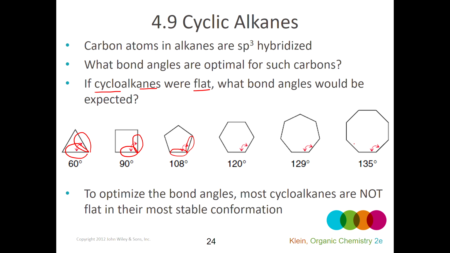If you look at the larger rings, you might say, well, this is even better. If the angle is larger than 109, then the cloud for this sigma bond and this sigma bond are even farther apart than they would normally be, and that should avoid some of the repulsion they would have if they're at 109 degrees or 108. But the problem with that is there are also hydrogens attached here.